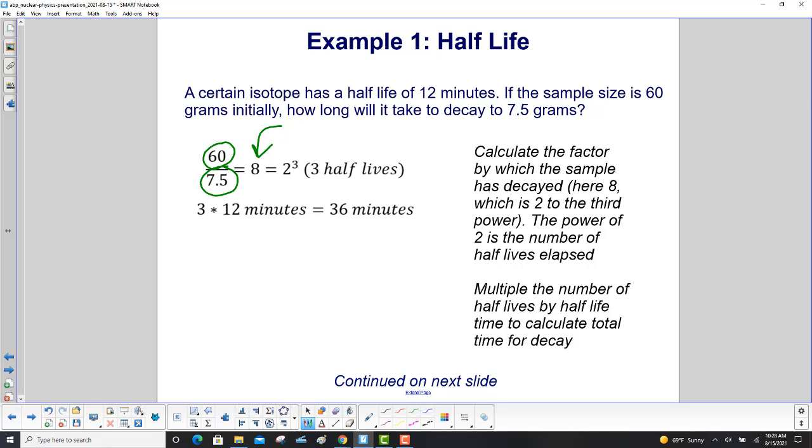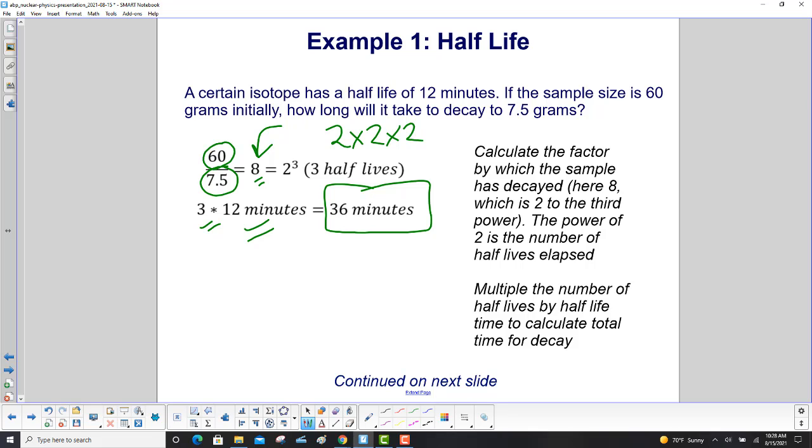Now, the power of 2 is the number of half-lives elapsed. So you try and find out 2 to what power gives you 8. Well, 2 times 2 times 2. That's good. So that's 3 half-lives. Then multiply the number of half-lives by the half-life, which is 12 minutes, and you get the total time to equal 36 minutes to decay to 7.5 grams.